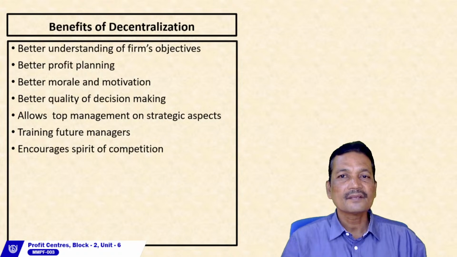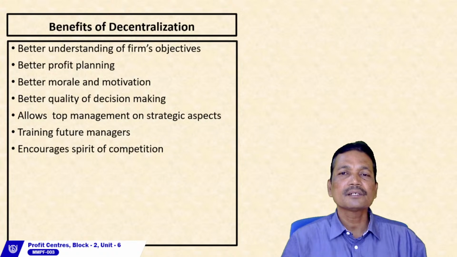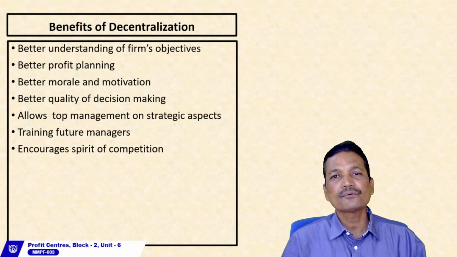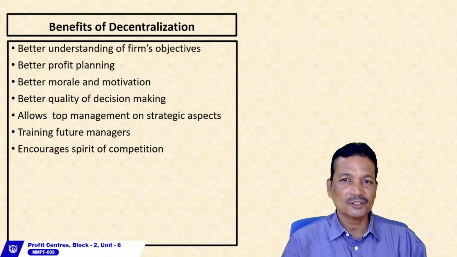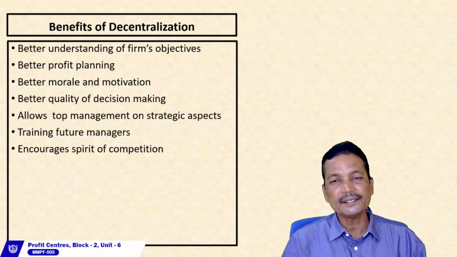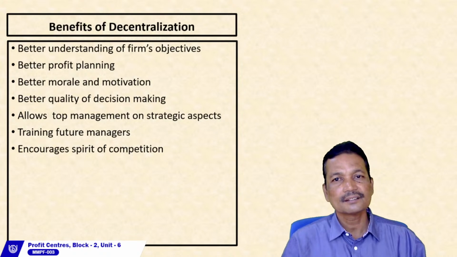They may have various subordinate managers working under them, and they will also be giving them some kind of decision making authorities. However, you have to keep in mind the responsibility and the accountability lies with the profit center manager's head.